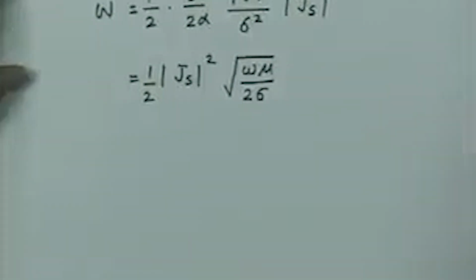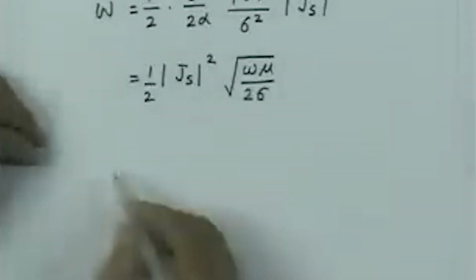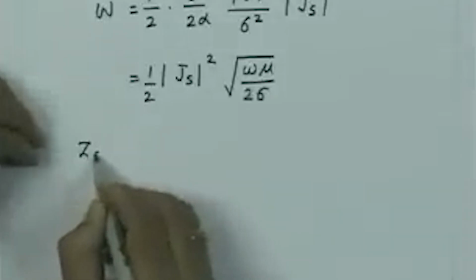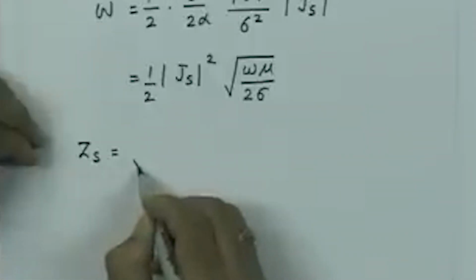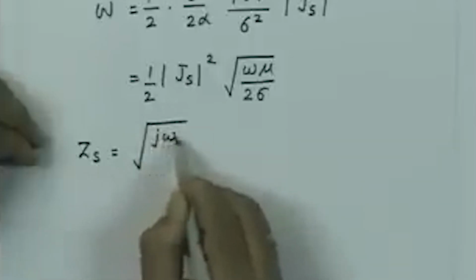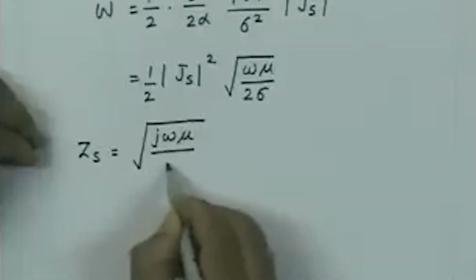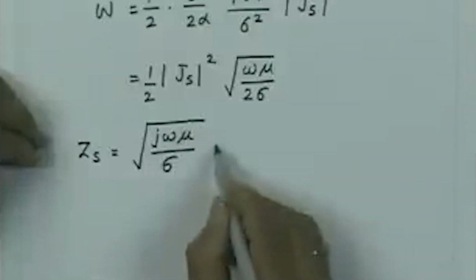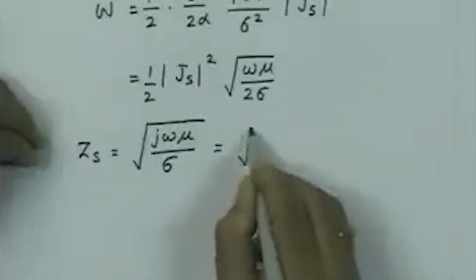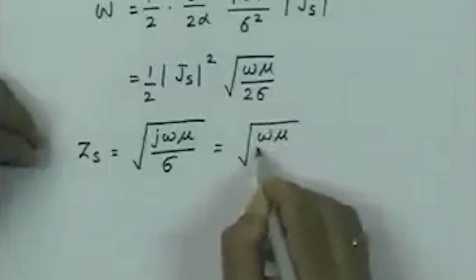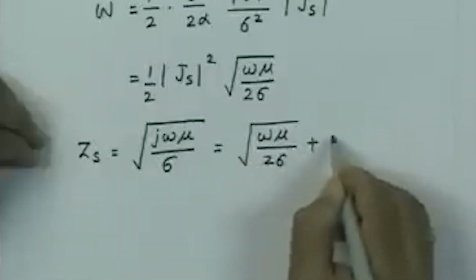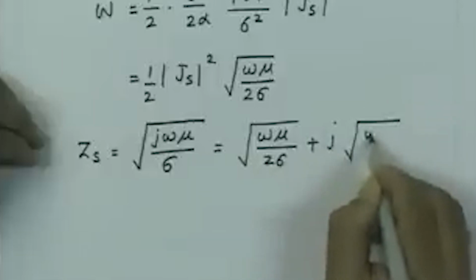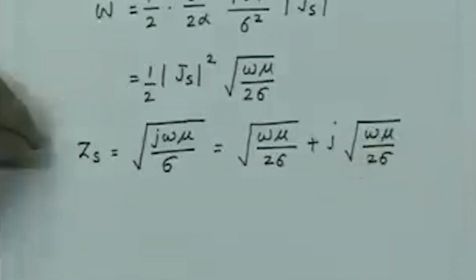And this quantity, if I go back to the characteristic impedance which I have defined, I get it from here. The characteristic or intrinsic impedance of the medium, or the surface impedance which we have got, is square root of j omega mu divided by sigma, which is the same as square root of omega mu by 2 sigma plus j square root of omega mu by 2 sigma.